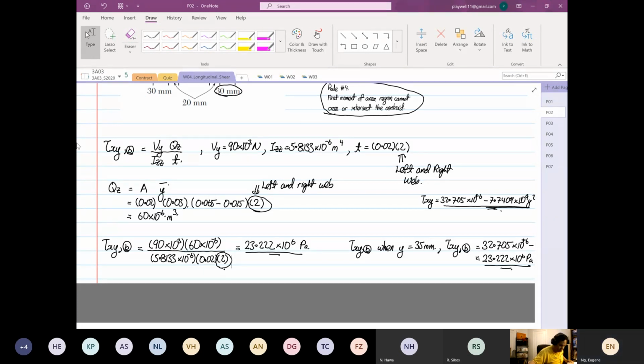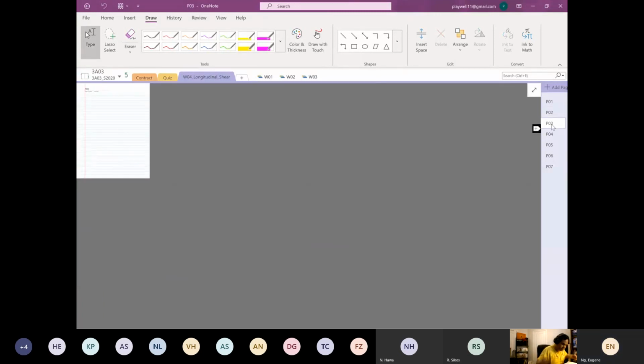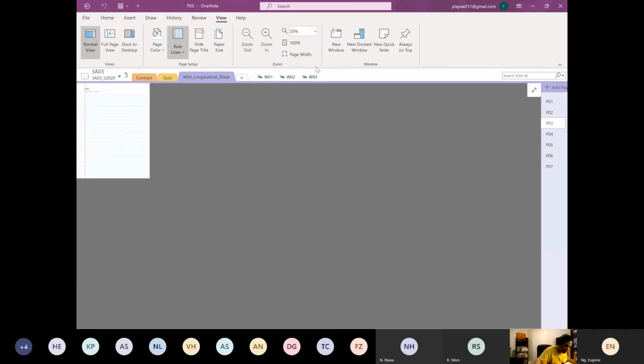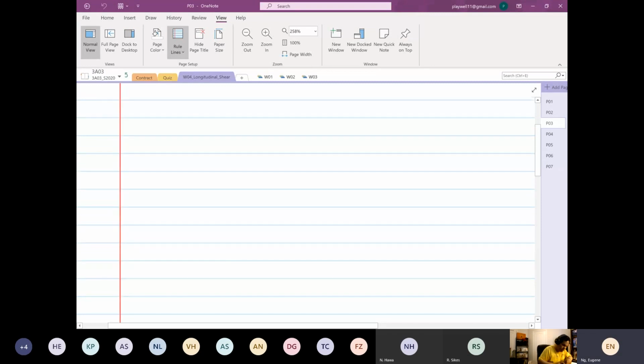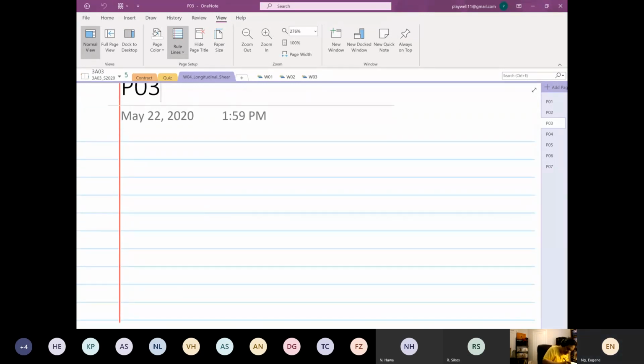Anyone? No? Okay. So the next thing that we will go to is a new topic. Here's a new subtopic. So we're going to look at longitudinal shear on a beam section.